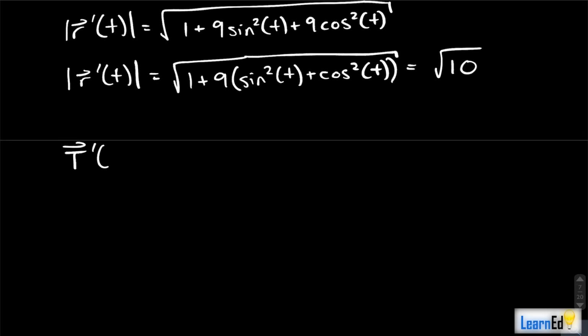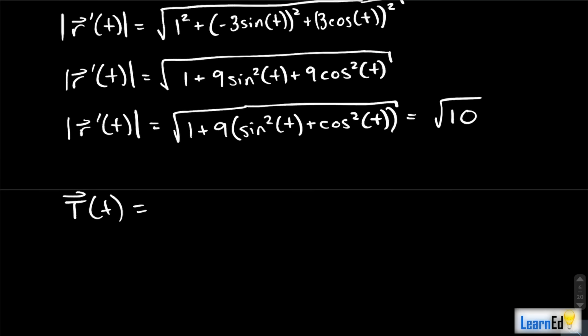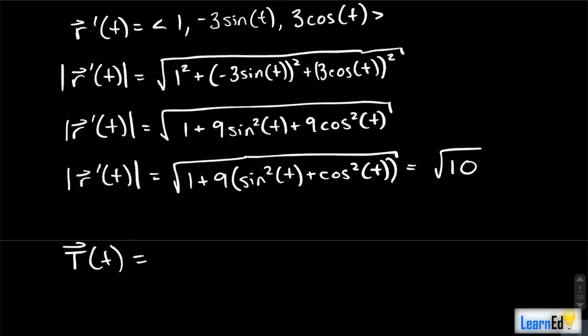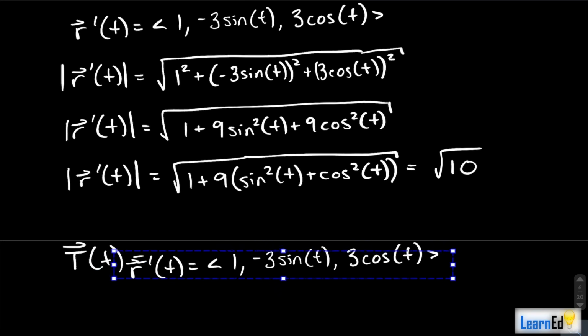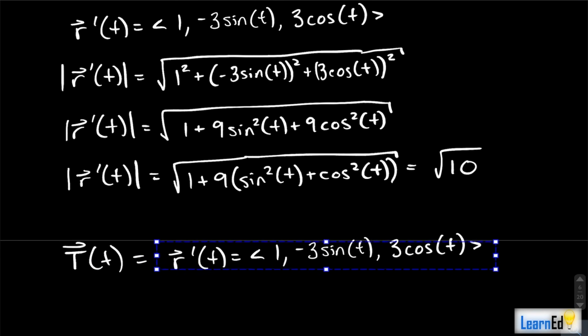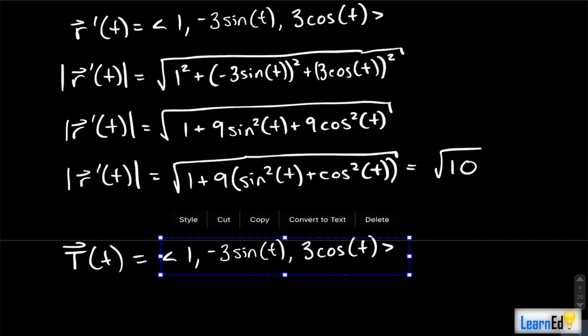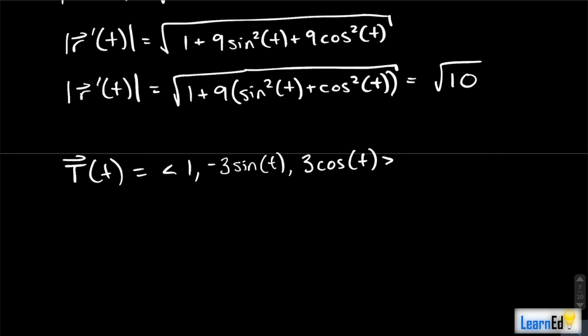We get that the unit tangent vector as a function of time is going to equal this r prime of t, and I'm going to divide by the square root of 10.